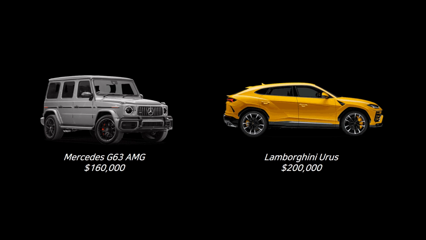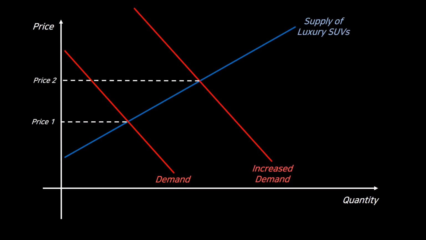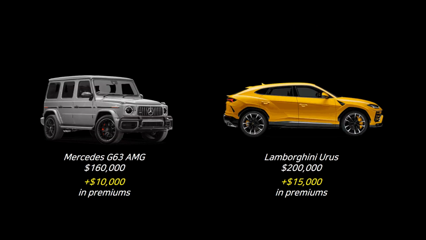Take the example of high-end luxury sports utility vehicles such as the Mercedes G63 AMG or the Lamborghini Urus. These cars are extremely low in supply yet high in demand, so people pay tens of thousands of dollars in premiums to purchase them.